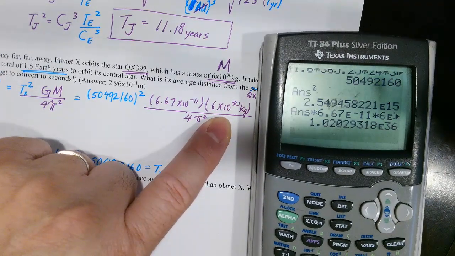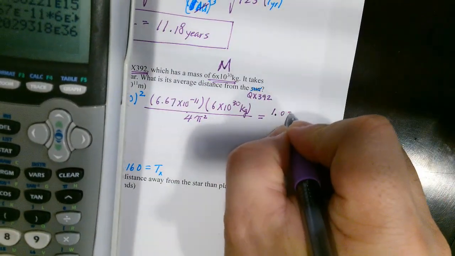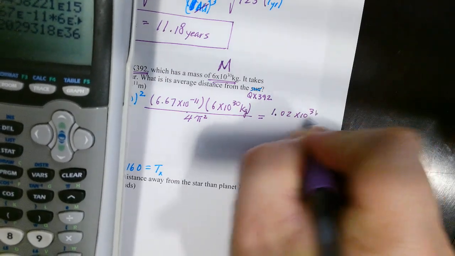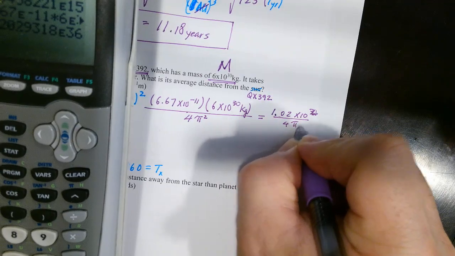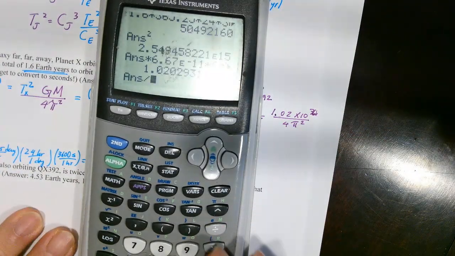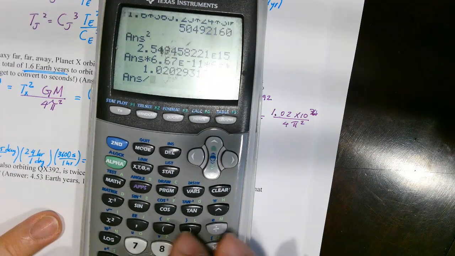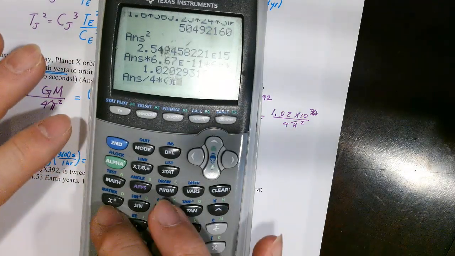And you get something like 1.02 times 10 to the 36. Divide that by 4 pi squared. So when you divide that by 4 pi squared, make sure you do 4 times pi squared.